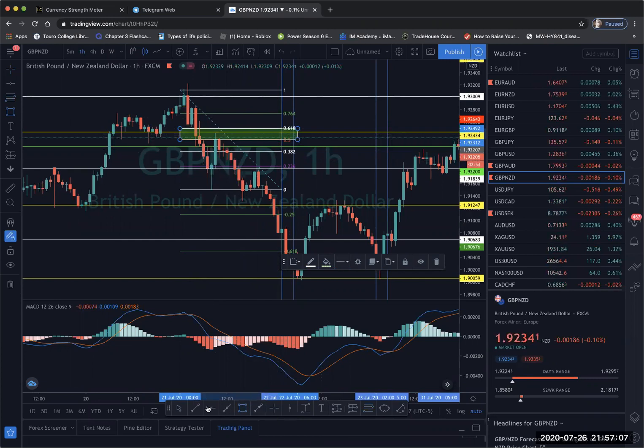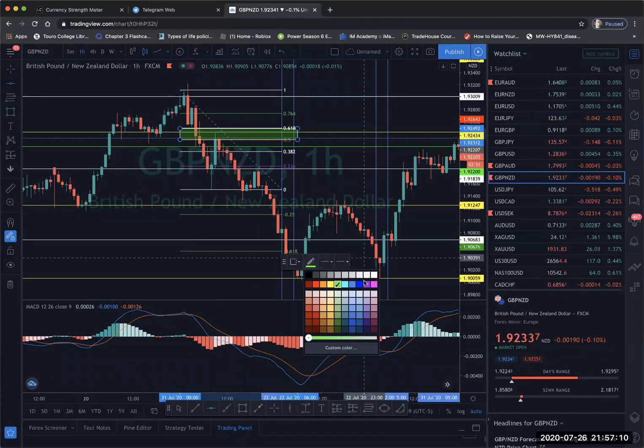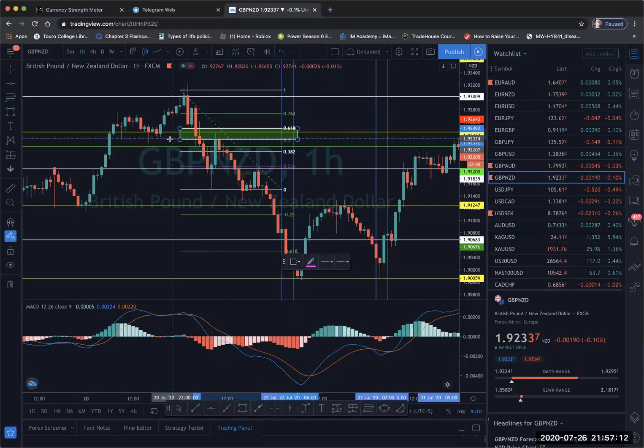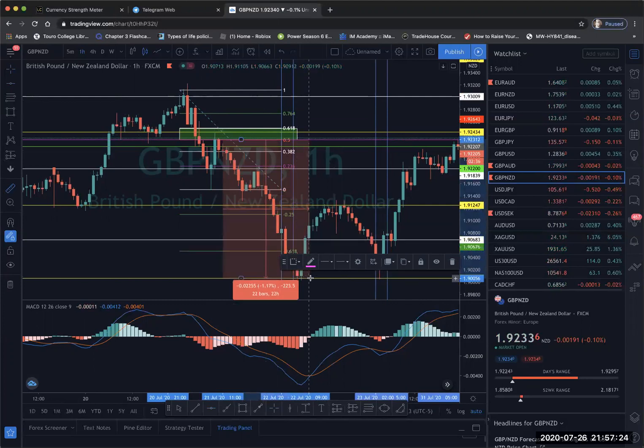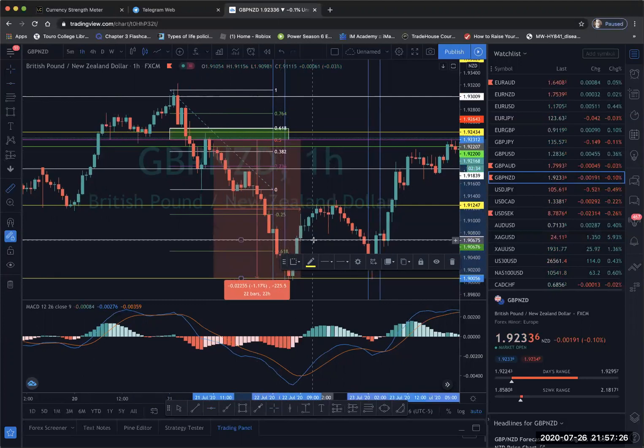We would have put in a sell limit right here on a 0.5. And as you can see, our order would have gotten activated, and boom, from that point, we would have just collected from that order, and we rode it all the way down. We would have just collected 225 pips, all right? And that's just basically getting in on those perfect entries.